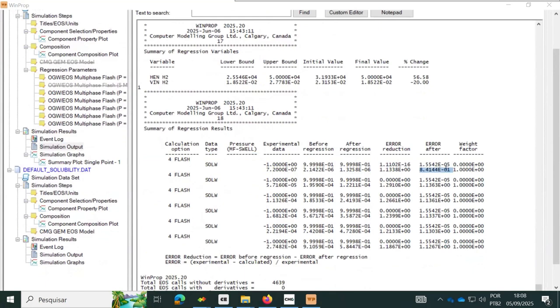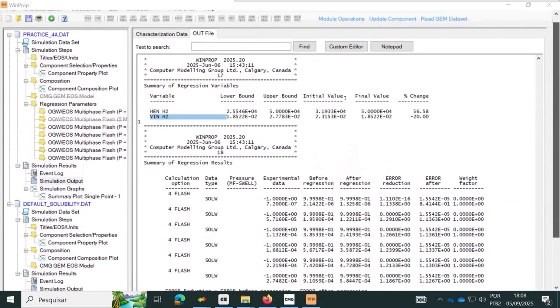The values are still high, but they are lower than before. So we improved the quality of the regression. But I'm still hitting the lower boundary of these parameters, so I do need to modify this lower boundary.